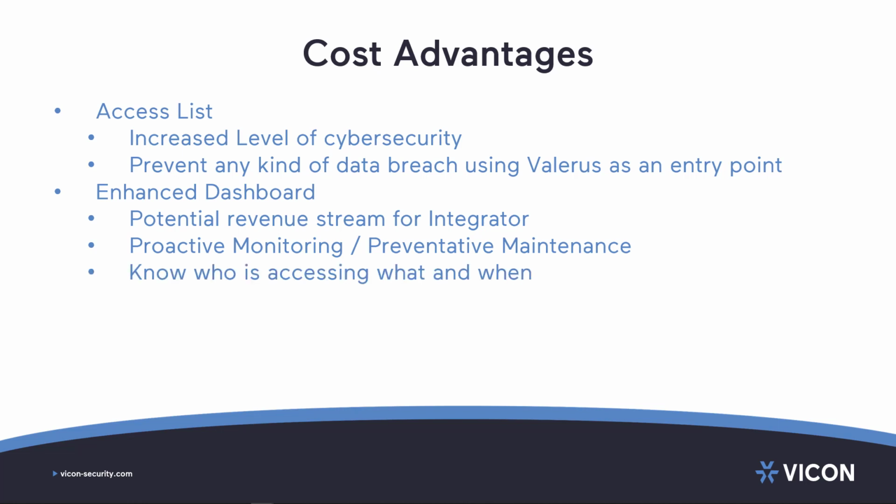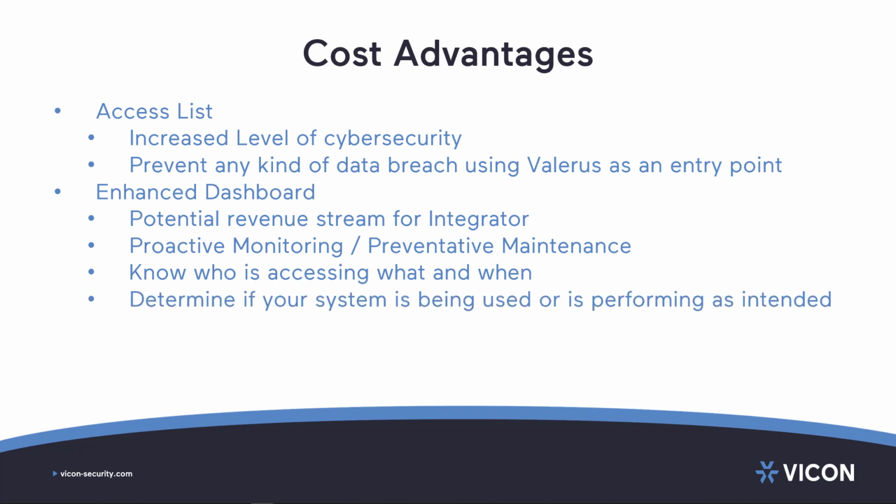You can also use the enhanced dashboard to know who is accessing what and when within the system. And that's certainly some critical information to know. And you can also use it to determine if your system is being used or is performing as needed. That would be a combination of a couple of different sections, but certainly the activity mapping and the statistics that we can find under each of the sections.